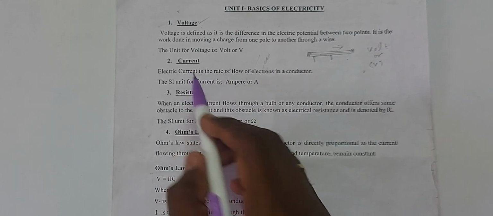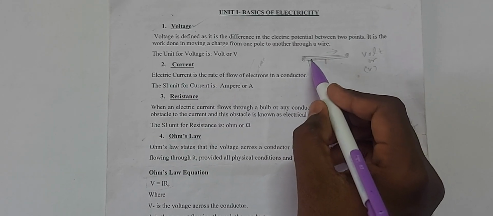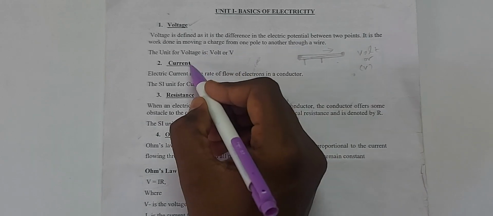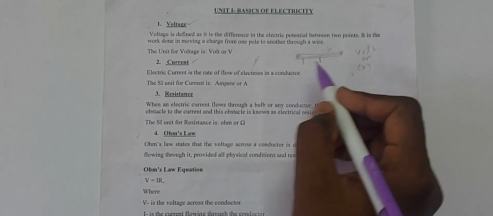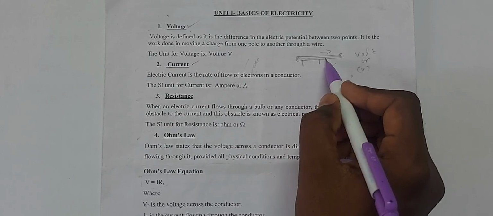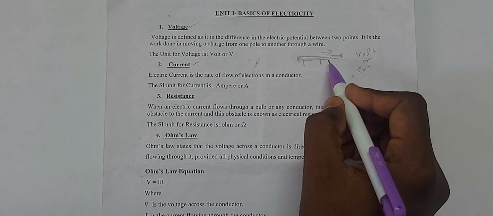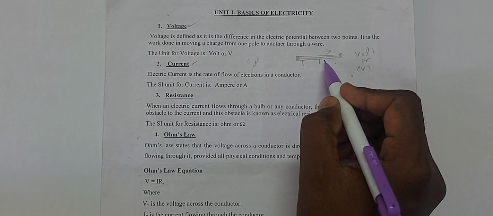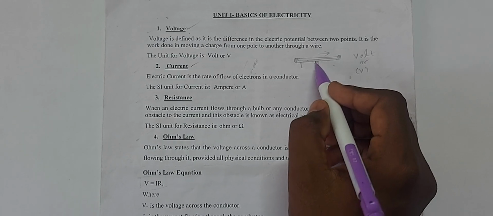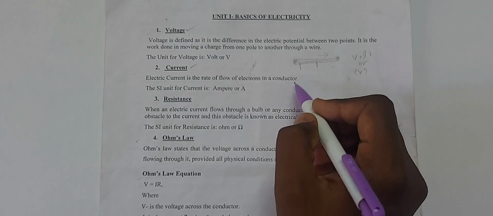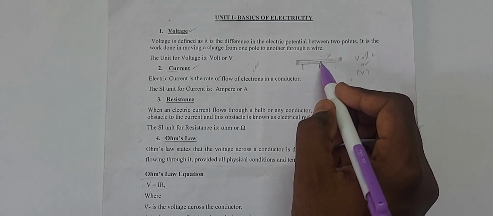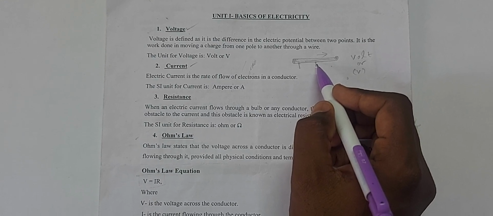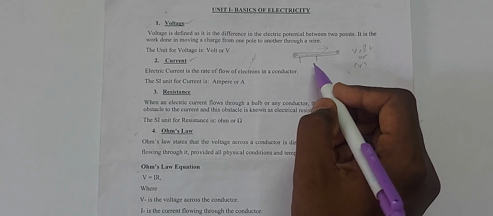So next one is current. What is current? The flow of electrons in a current carrying conductor is called current. So how are the electrons moving? The electrons can move only in the conductor, not in the semiconductor or in the insulator, even though sometimes a semiconductor also conducts some electrical energy by means of giving some external energy.